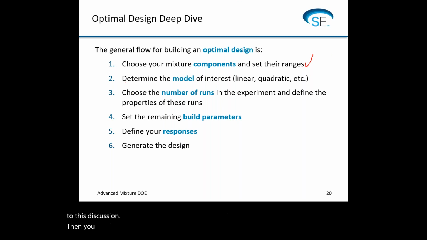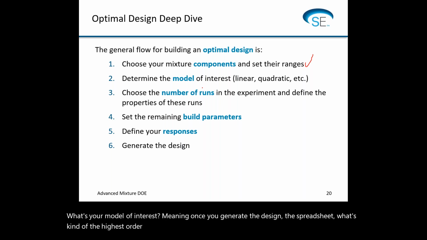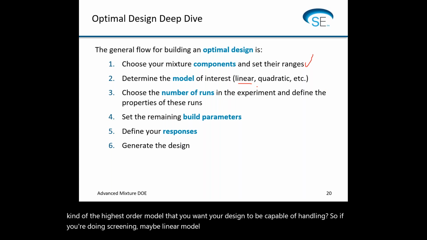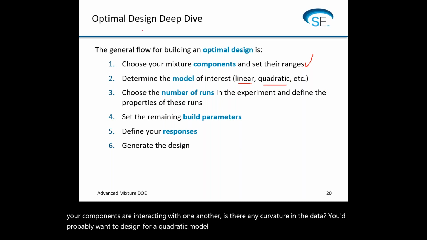Then you want to choose your model of interest, meaning, once you generate the design spreadsheet, the highest order model that you want your design to be capable of handling. If you're doing screening, maybe a linear model might be good enough. But if you want to find how your components are interacting with one another, or whether there's any curvature in the data, you'd probably want to design for a quadratic model, and so on.